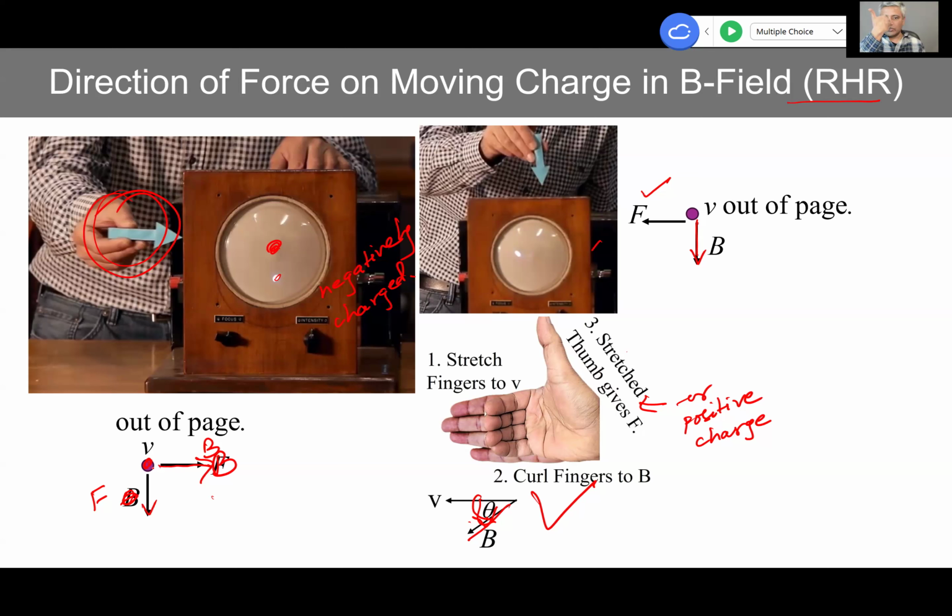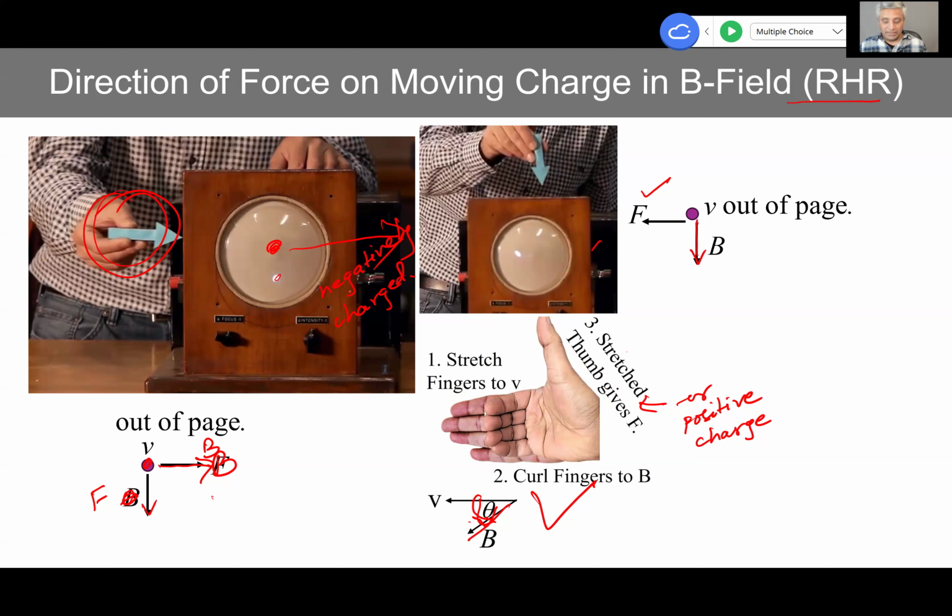Hey, touch your nose. Now these four fingers are pointing in the direction of V. And then what is the direction of B? B is this way. So it is towards my right. How about yours?